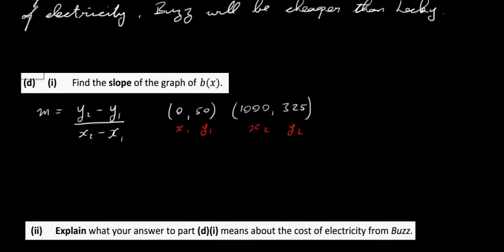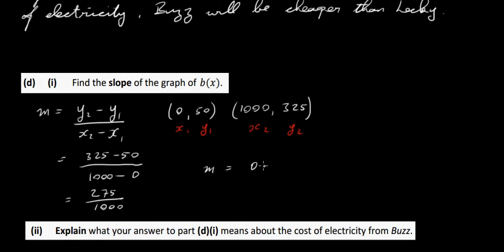So all we got to do is stick these into our formula, and that will give us our slope. So we got y2, which is 325 minus 50 over 1000 minus 0. So that will give me 275 on the top. We'll get 1000 on the bottom. So that will give me a slope of 0.275. So there's my slope for the straight line.